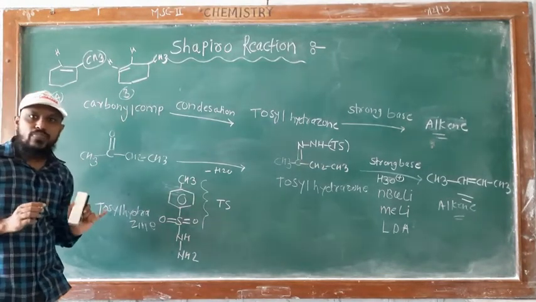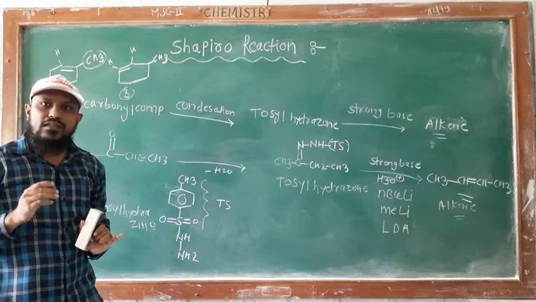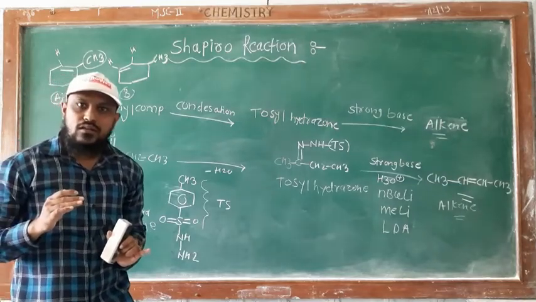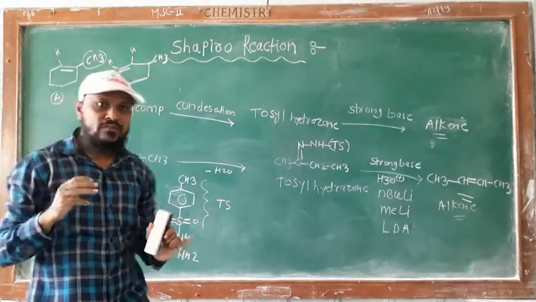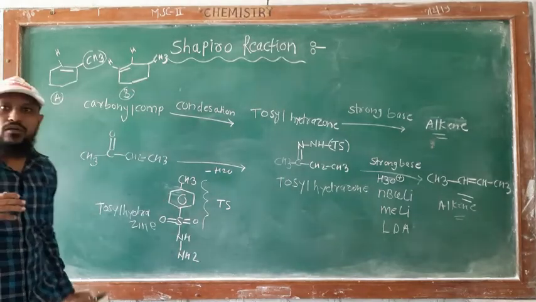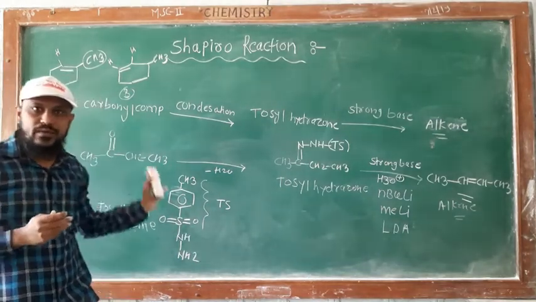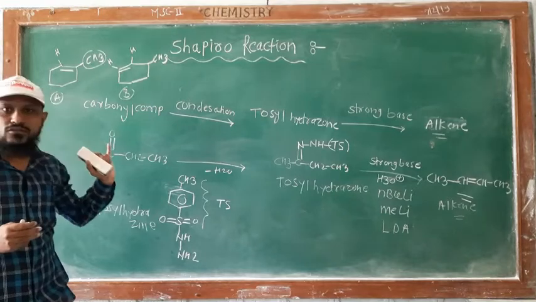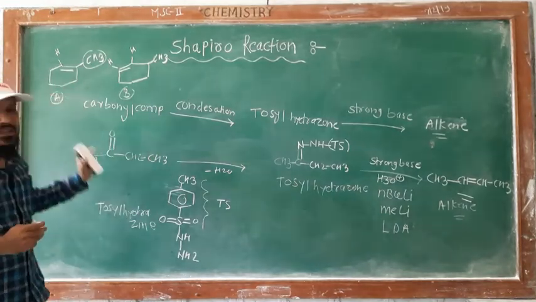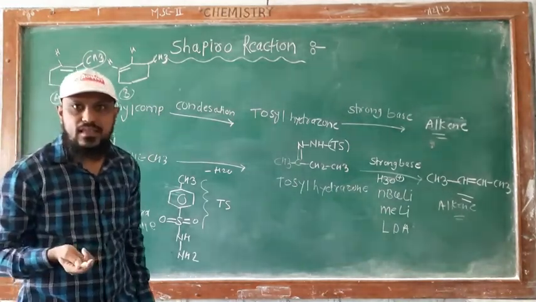So the alkene which has more substituents is more stable. Here the A alkene has more substituents as compared to the B alkene. So A alkene is more stable than the B alkene.